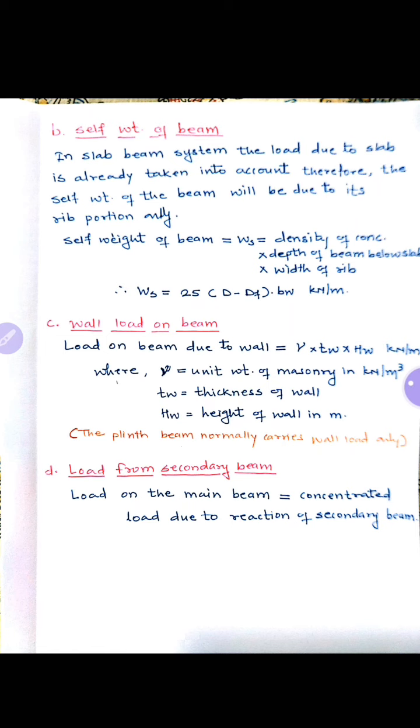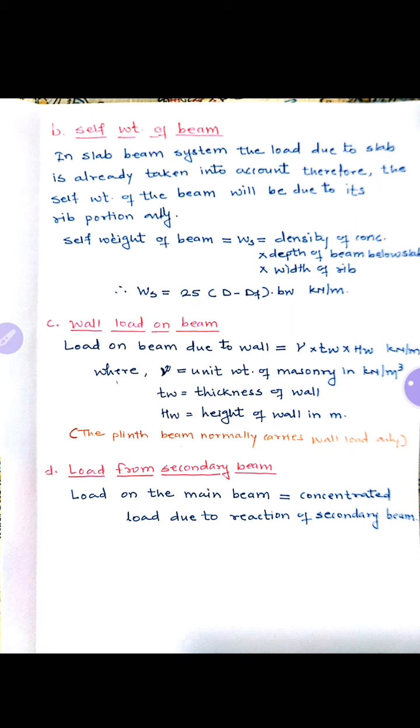We have to consider thickness of wall, height of wall into unit weight of masonry. As per the type of masonry used, it is given, or we have to consider accordingly, and we put the value of this unit weight of masonry, which is in kilonewton per meter cube. So ultimately we get load on beam due to wall also in kilonewton per running meter.